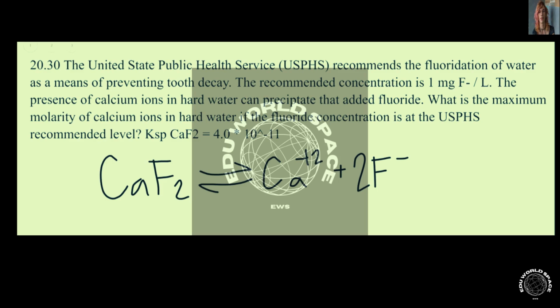The KSP is what's known as the solubility product constant, and that's just the equilibrium constant for the dissolving of a compound. So that's the equilibrium constant for this reaction, where we have CaF2 at equilibrium with Ca plus 2 and 2F minus ions.